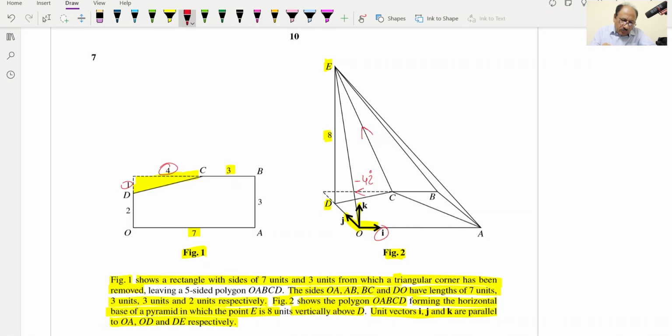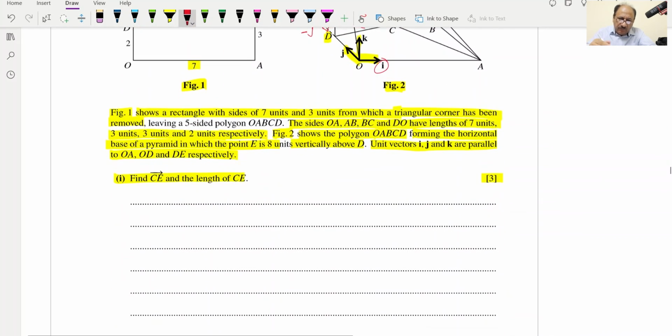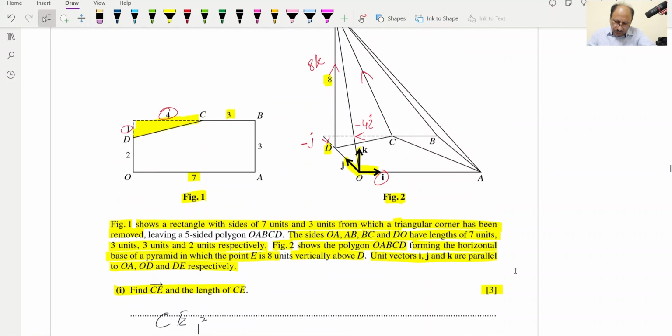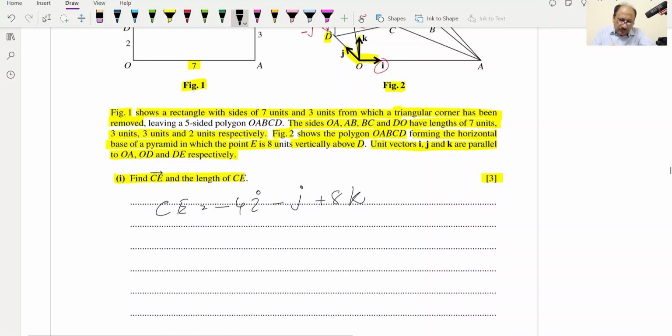Then this side is 1, so it will be minus j, and then it will go up like this, so it will be plus 8k. So our vector CE will be equal to minus 4i minus j plus 8k, and this will be the vector.